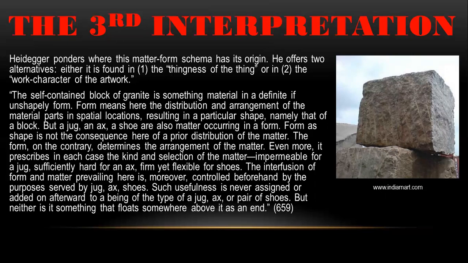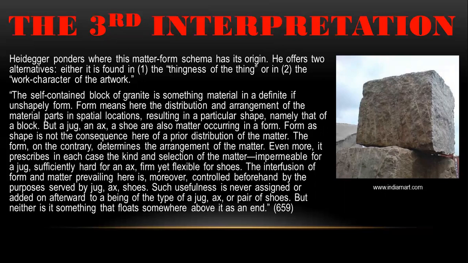He says the self-contained block of granite is something material in a definite, if unshapely form. Form means here the distribution and arrangement of material parts in spatial locations, resulting in a particular shape, namely that of a block, right? So if you look at this block of granite I have pictured here, when we talk about form here, it's just talking about the way it's arranged, right?